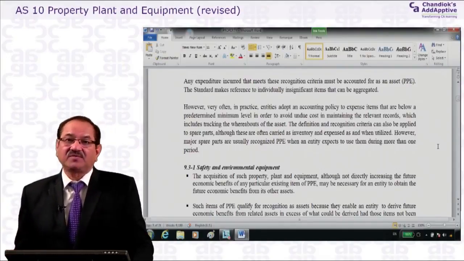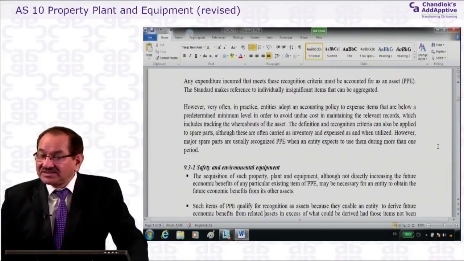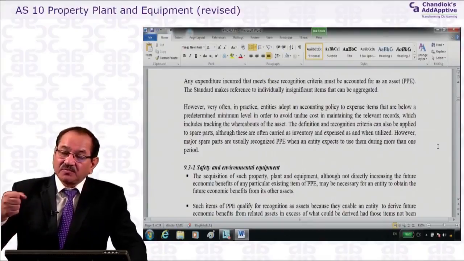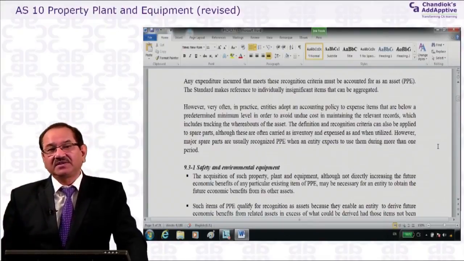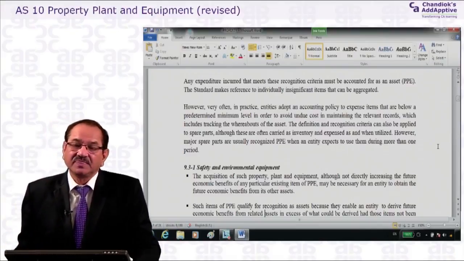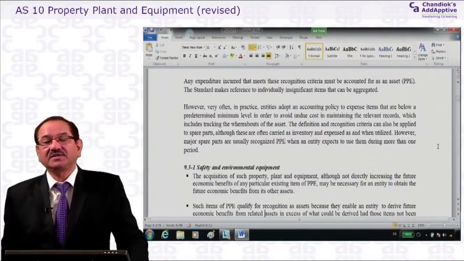It does not pollute the environment. Only for that purpose the plant has been installed. The question arises whether such a plant, which was only for the purpose of not polluting the environment and is not used in the production of the product, can be called property, plant and equipment.